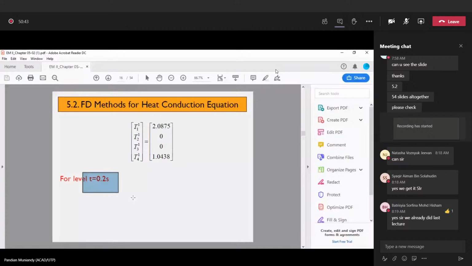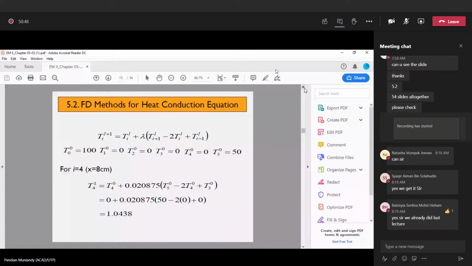So you go back, you check this equation, and you must change this L. If you substitute L is 1, so T superscript 2 subscript 1 equals, write down here, T superscript 1 subscript 1 plus lambda, write down here, T superscript 1, I is still 1.